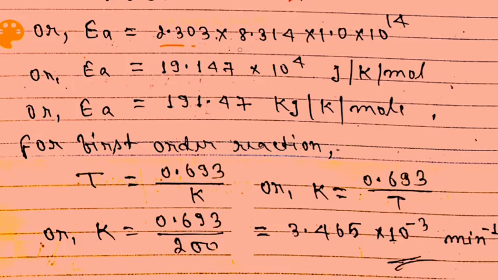2.303 into 8.314, that is the value of R, into 1.0 into 10 to the power 14, it is given.